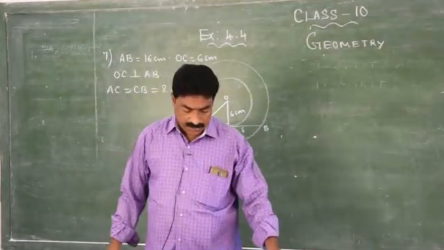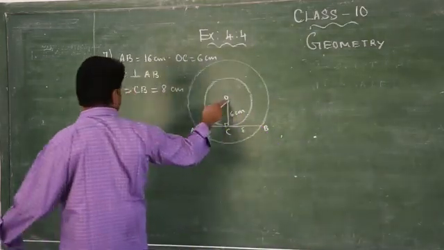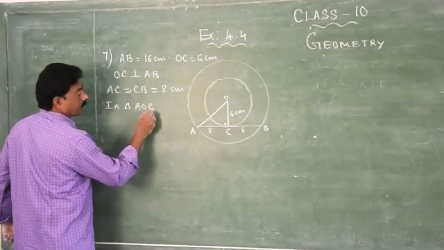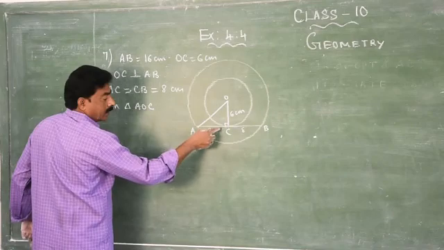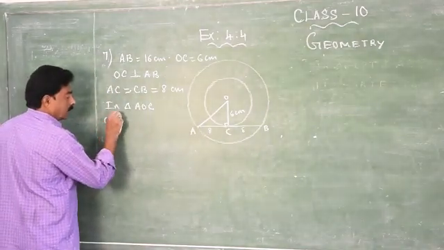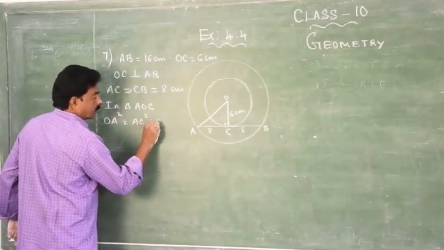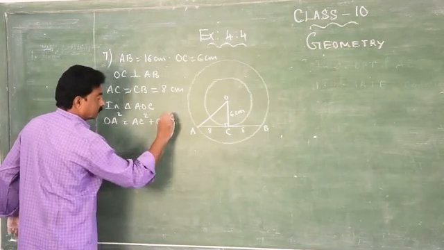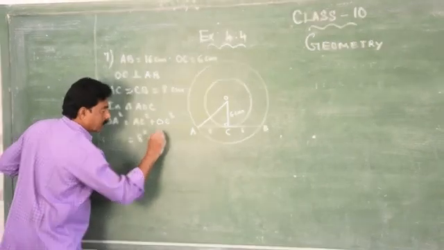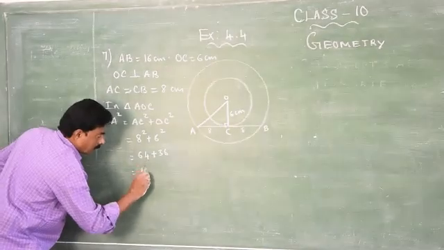So now in triangle OAC, we have to find OA. In triangle AOC, angle C is 90 degrees, AC is 8, OC is 6. So by Pythagoras theorem, OA square is equal to AC square plus OC square. 8 square plus 6 square, 64 plus 36, 100.